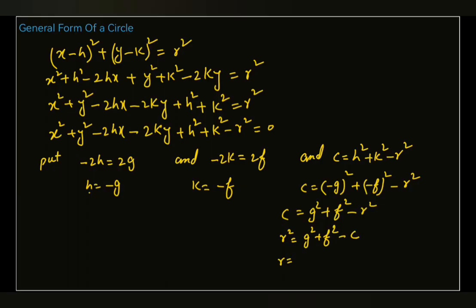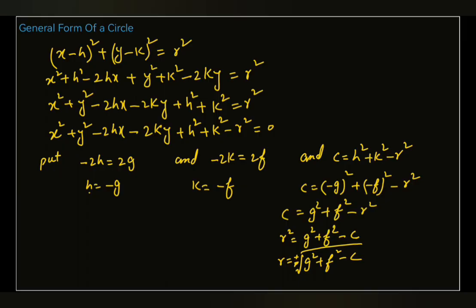So r becomes the square root of g square plus f square minus c. Here there are two possible values, plus and negative, but we will take only the positive value because distance is never negative. That's why, since radius is the distance between two points, we take the distance as a positive value. So here we will take only the plus value.